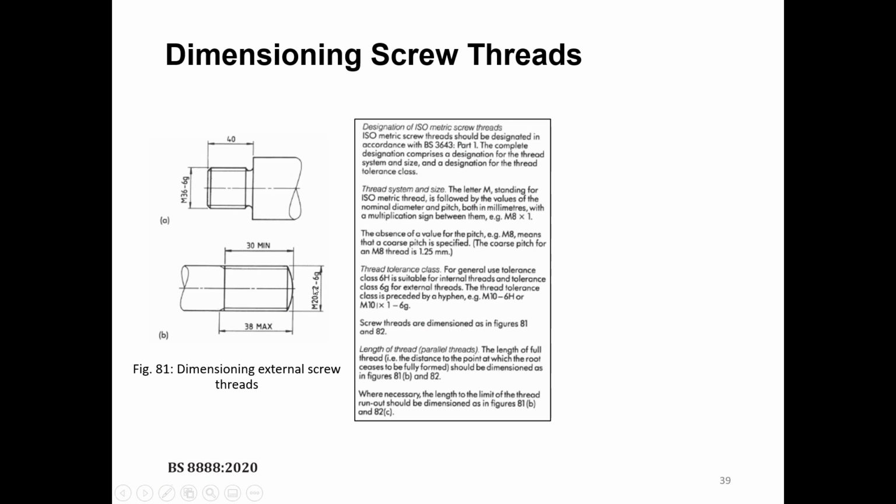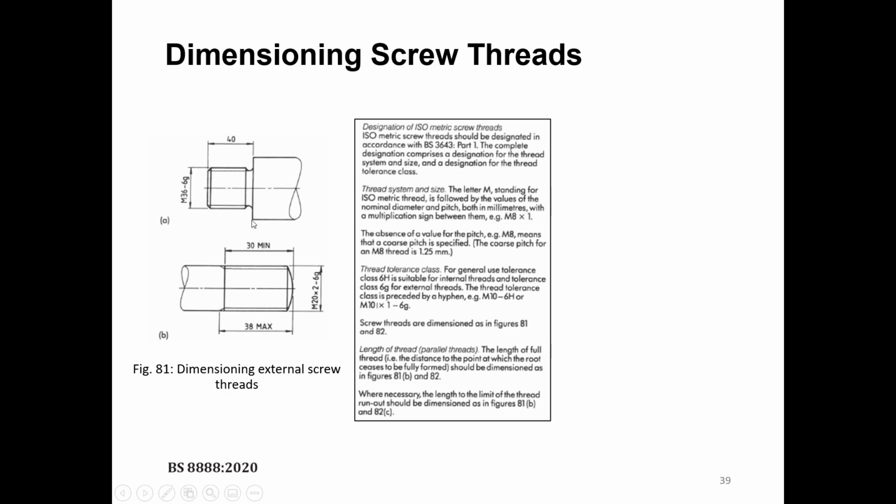Times 2: the 2 here gives you the pitch of the thread itself, and they are in millimeters. So for example, if you read this note, M8 times 1, M is isometric screw thread, 8 is the nominal diameter of the thread, and 1 is the pitch in millimeter.